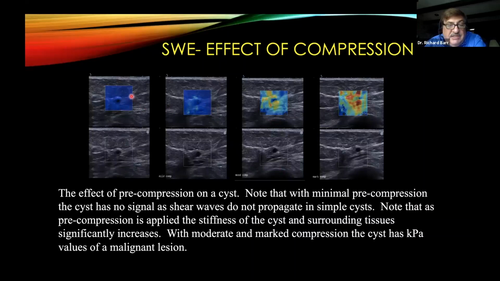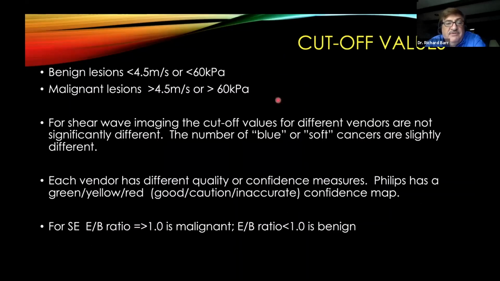And I can take this benign cyst and turn it into a beautiful cancer by applying pressure. So it's very important that you're doing your measurements at this level and not at other levels, because you can get obviously bad results.